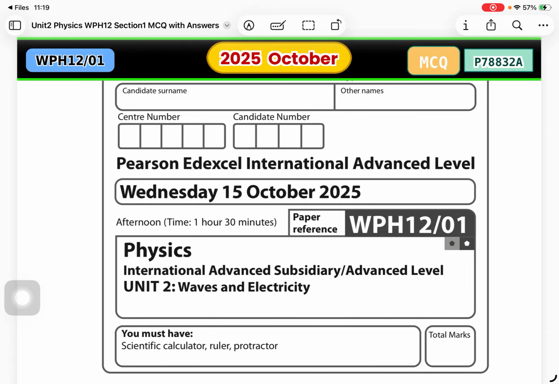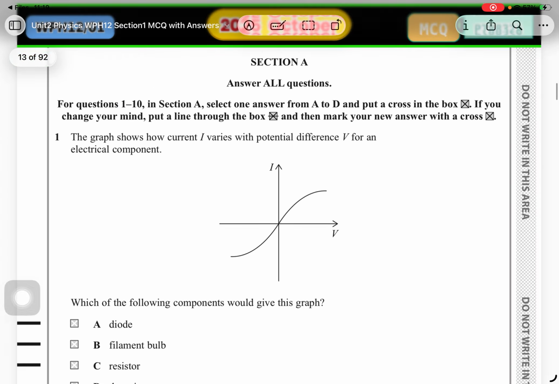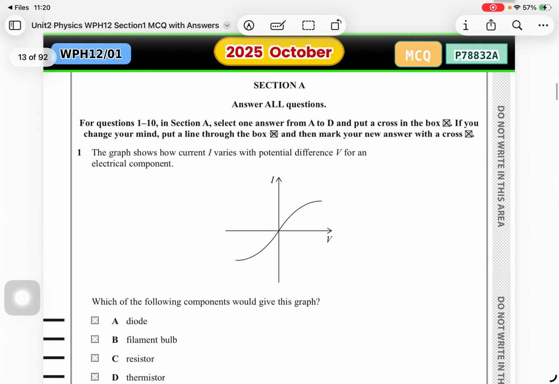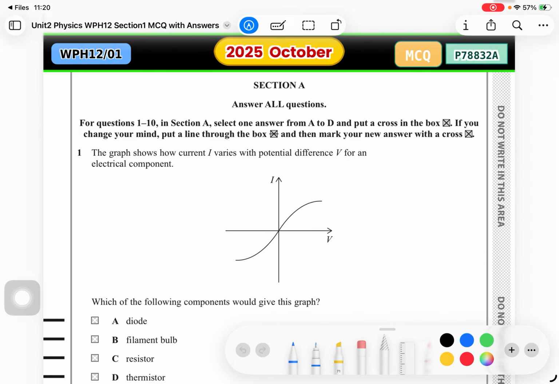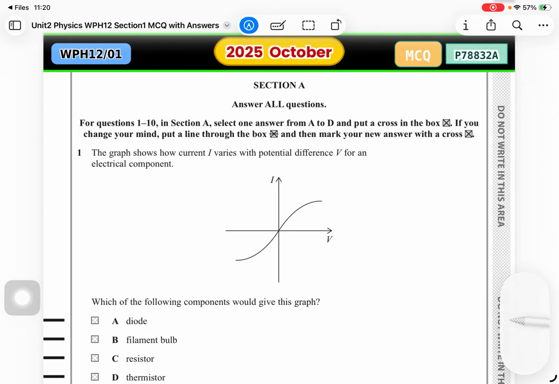So let's start with the 2025 October MCQs in Unit 2. The first question asks about this diagram, which is even given in the Edexcel book. We have this figure with the current and the voltage.